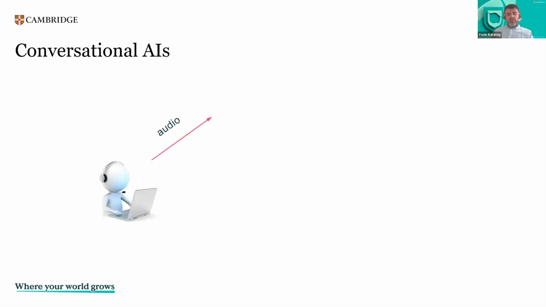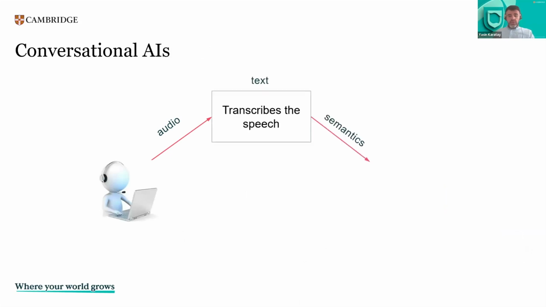So how does it work? I'm not going to go into too much detail, but very briefly, they go through a 4-step process. First, we have the user, or our students in this case. They say something to the computer, right? It could be a response to a question. This audio response is first transcribed and converted into text, and this component also determines the meaning or intent of the response.